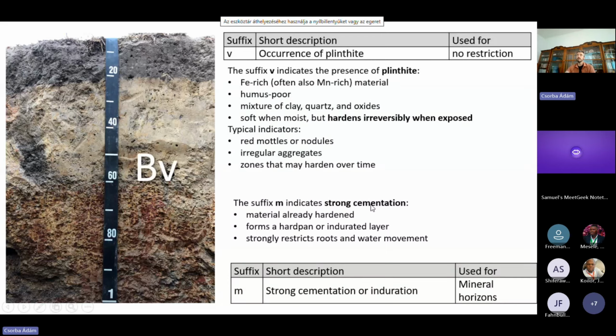Usually M indexes are hardpans in the soil, which strongly restrict root and water movement in the soil. And for example, on this picture, if you see that we have a BV horizon, this means that in the upper part we have plintite, and in the lower part we have plintite which is strongly cemented, for example, petroplintite.